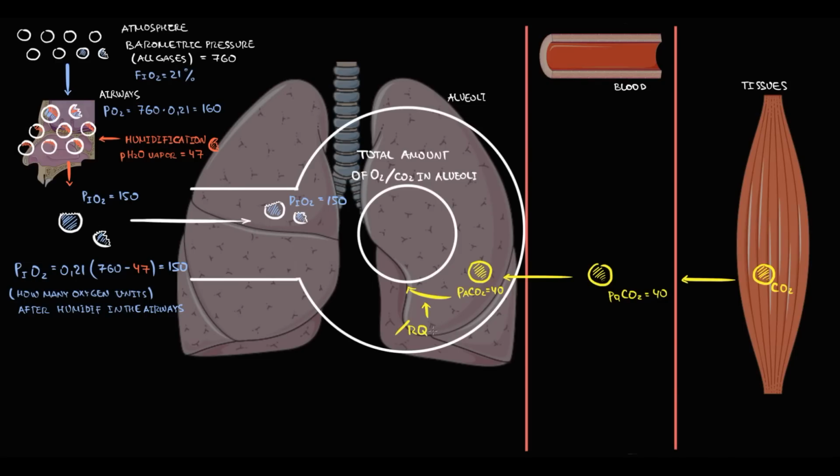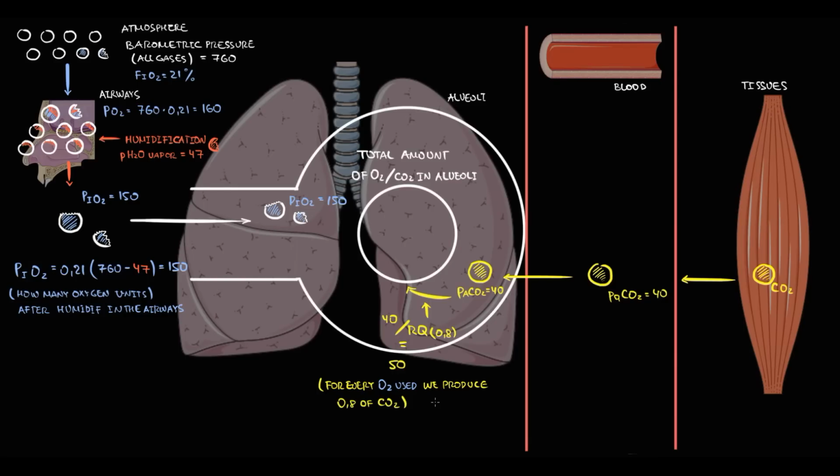Basically, this value tells us that for every 1 unit of oxygen that comes to the alveoli, our body produces 0.8 units of carbon dioxide. So, knowing this, if we divide the partial pressure of carbon dioxide in the blood by 0.8, we will have the actual amount of carbon dioxide in the alveoli. In this case, it's 50.